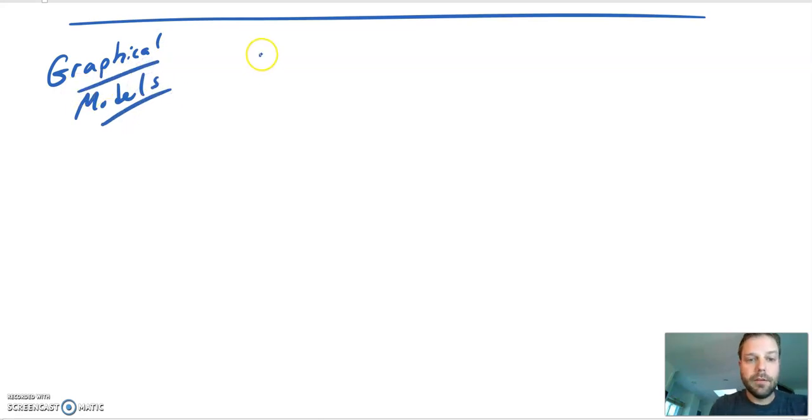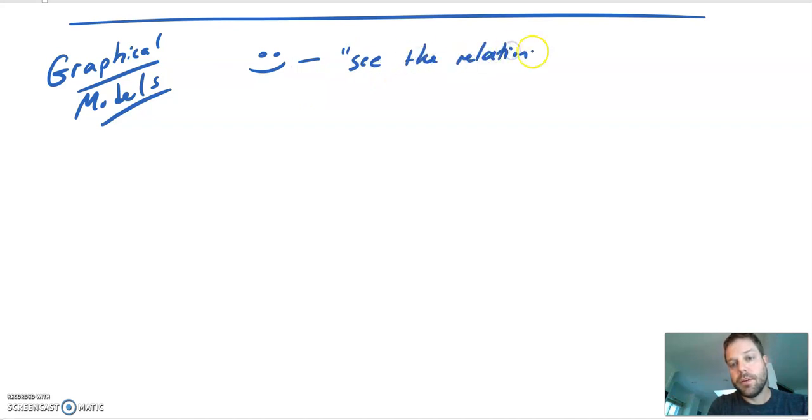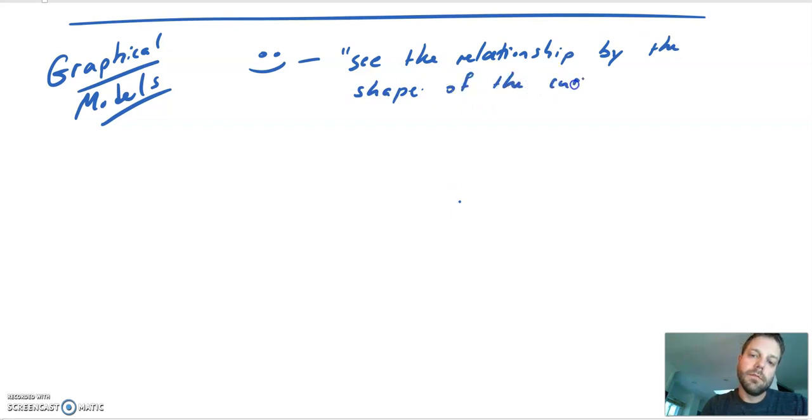Okay, so graphical models, right out of the gate, why they're good is this allows us to see the relationship by the shape of the curve.